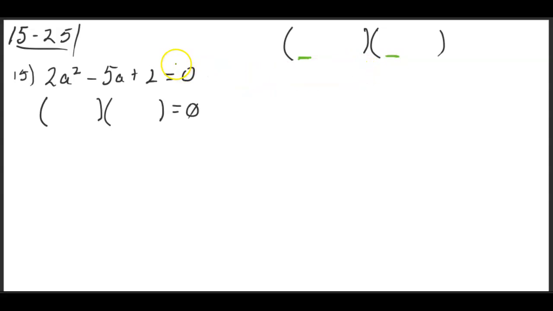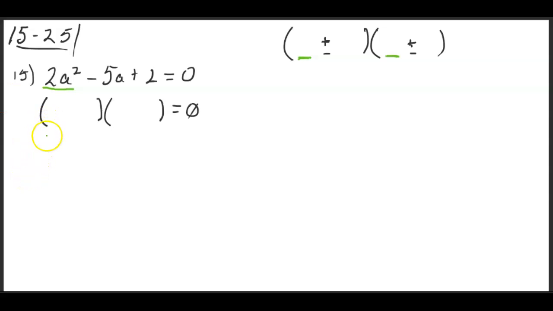When I say the first term times the first term, I'm talking about the first term of each binomial. So the first term times the first term equals this term right here, okay?